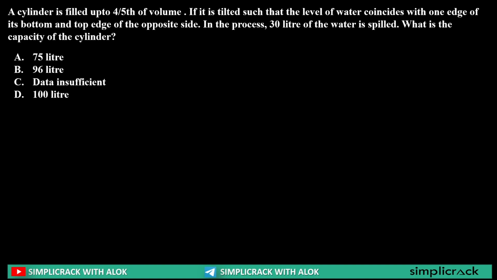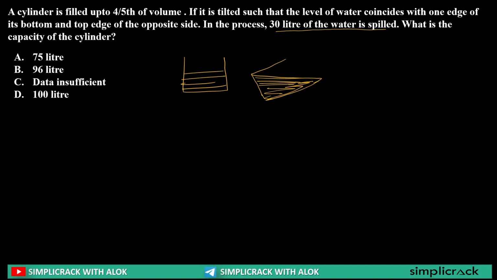Now it is saying that if it is tilted such that the level of water coincides with one of the edges of the bottom and top, while tilting this, 30 liters of water is spilled.